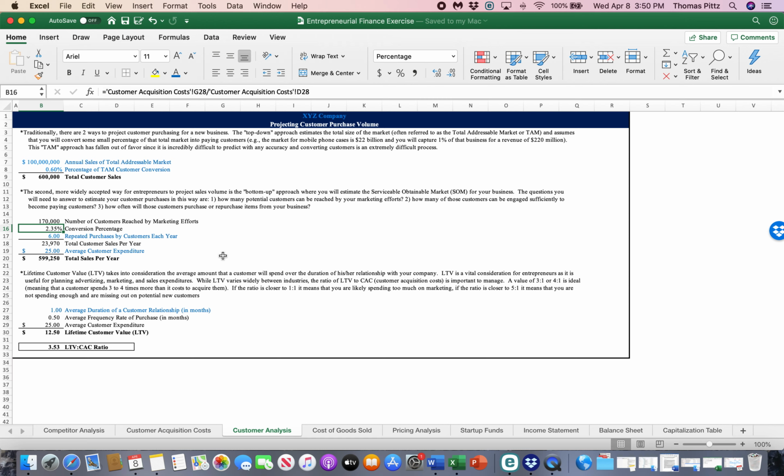But then in order to get that revenue number, we need a couple other inputs from you. Number one, in blue, again, how many times will a customer come to your business and purchase the product throughout the year? For this example, we're going to say 6 times. And then how much is the average customer's purchase within your store, within your service, within whatever it is that you're doing?